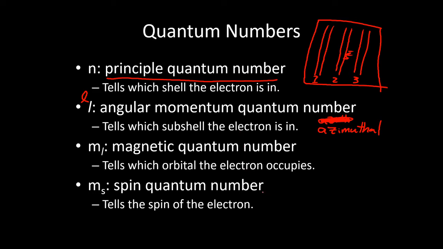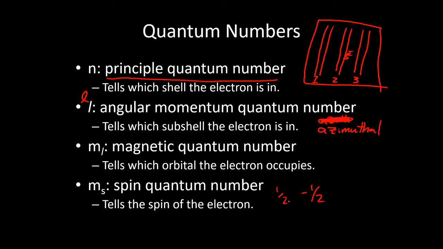And then the last quantum number here is what's called the spin quantum number. It's the least complicated of the four, because it could only ever be positive 1/2 or negative 1/2. So if you want to continue the analogy, in our very strange warehouse, we could only ever fit 2 things in a box. And so this just tells you which of the 2 things.